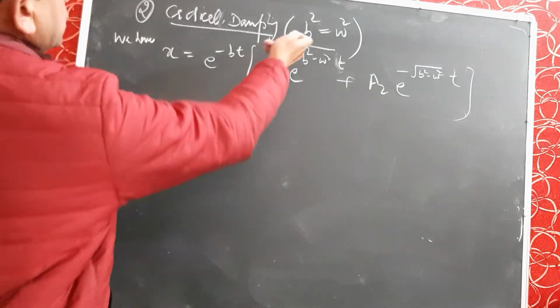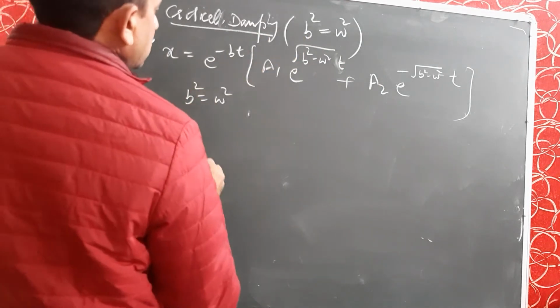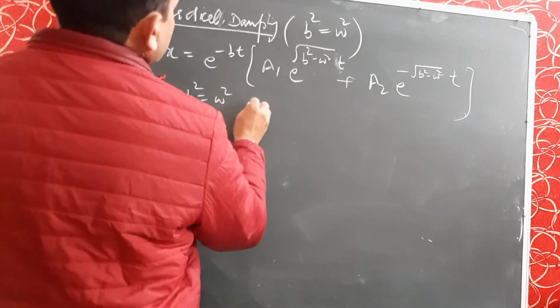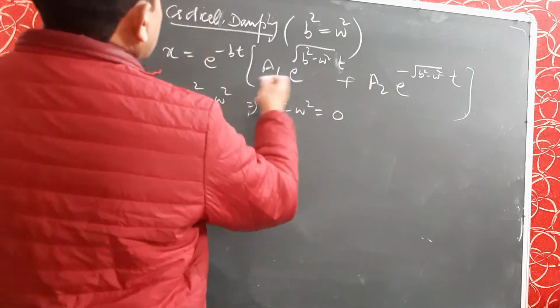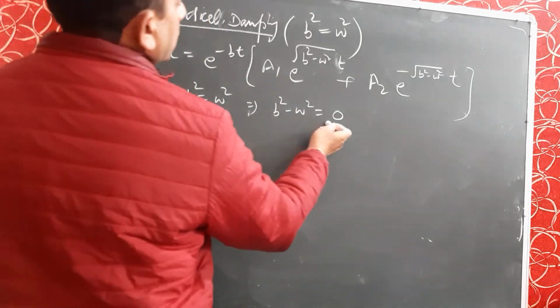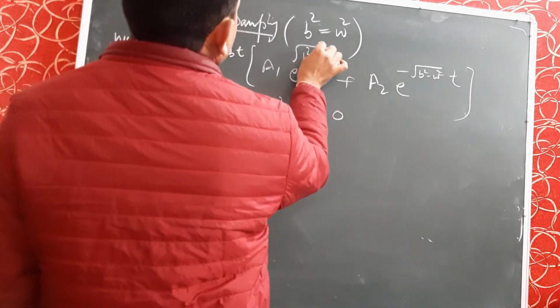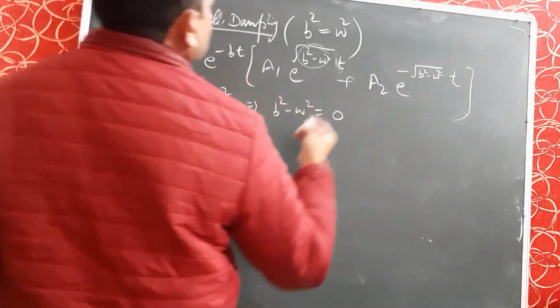Now putting b square equal to omega square in this equation, b square minus omega square is 0, because you take omega square to the left hand side and get 0. So this term becomes 0, and the square root is also 0.